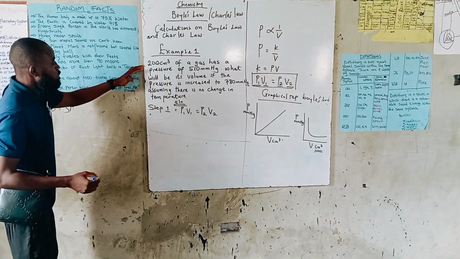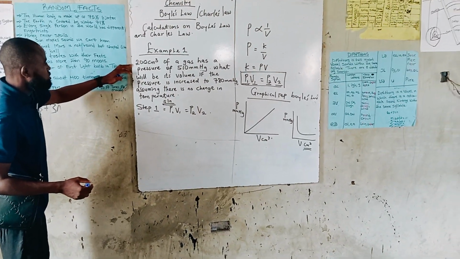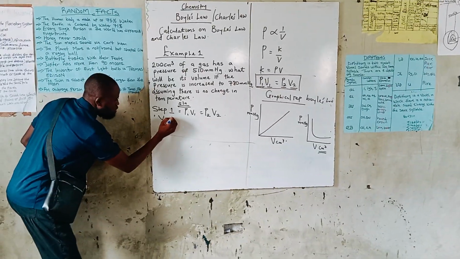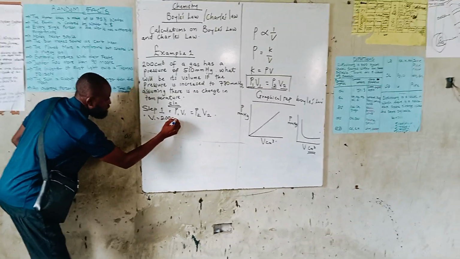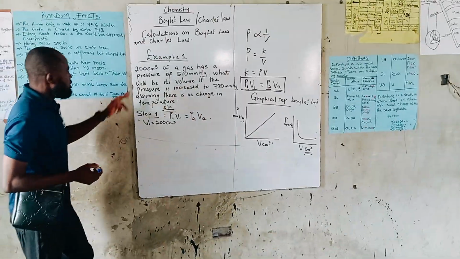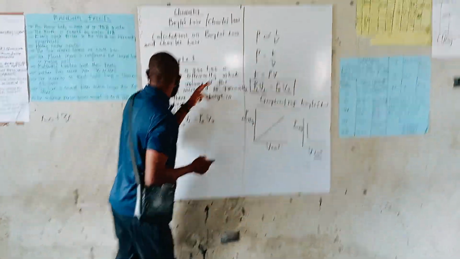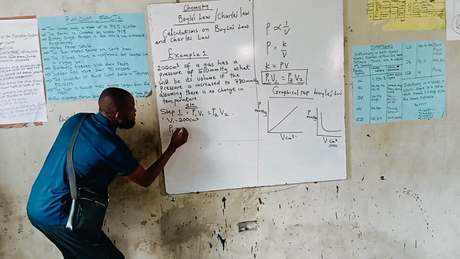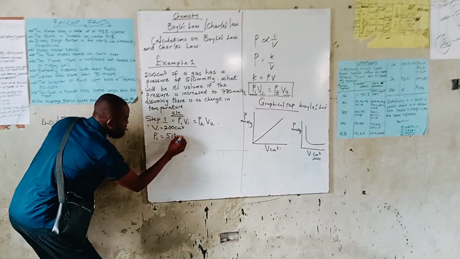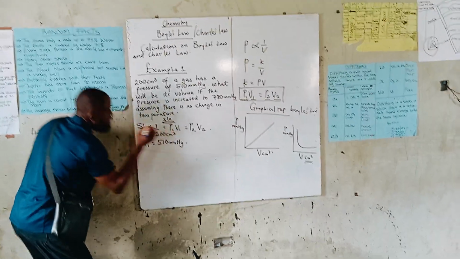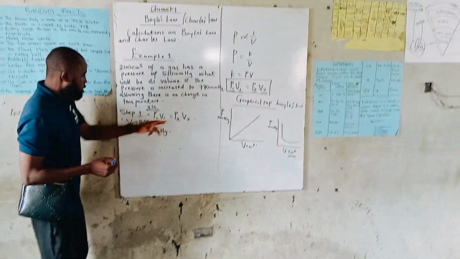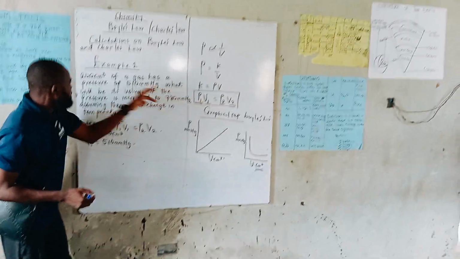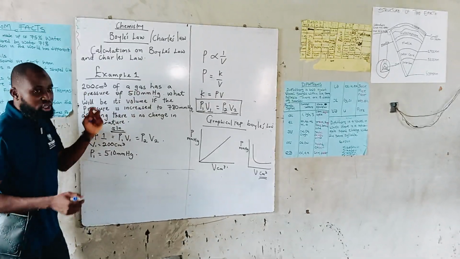From this question, which one is your volume? 200 centimeter cube, right? My V1 equals 200 centimeter cube. My pressure one is P1, 510 millimeter mercury. I'm now moving to the second part, P2 and V2. They said, what will be its volume?